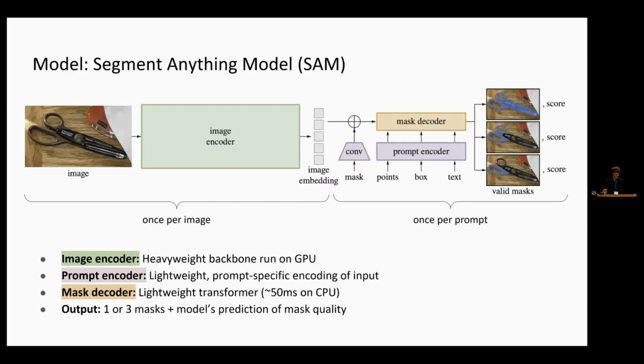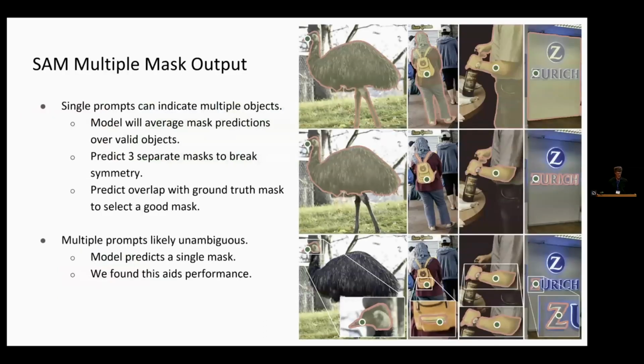So to go a little bit into the details, I said the original goal of the task was to output at least one valid mask for any prompt. But there's an issue here if you take an ambiguous prompt, like this point here, which might indicate the whole wall, it might indicate the whole word Zurich, maybe it just indicates the Z. If we train the model so that it sometimes sees this case and sometimes sees this case and sometimes sees this case, its loss will be the average of those three, and it will learn to produce the average mask of those three.